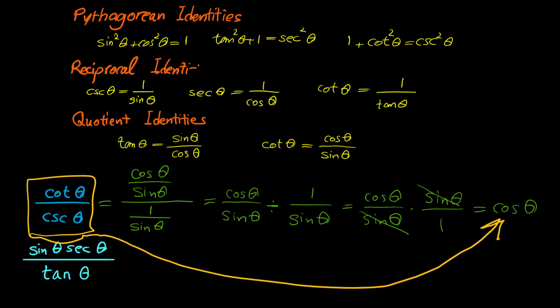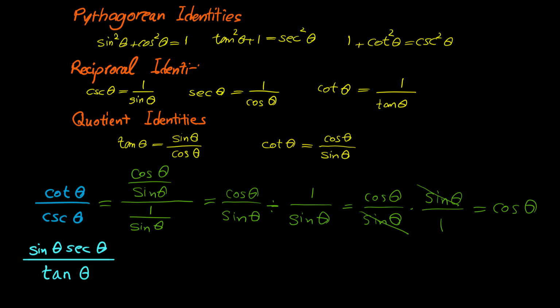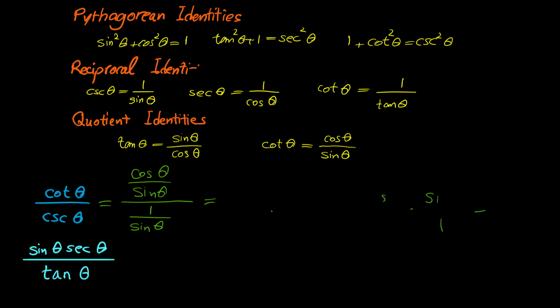But let me show you the better way for simplifying this compound fraction here. Please pay attention. Let me show you two different methods for simplifying this expression. The first thing that you have to notice is that when we have a fraction divided by another fraction, there is a shortcut.